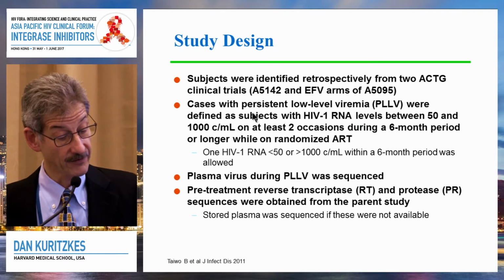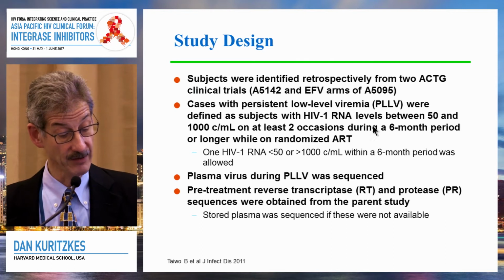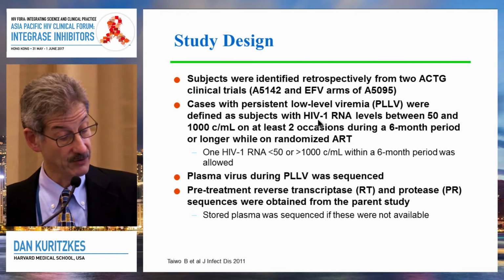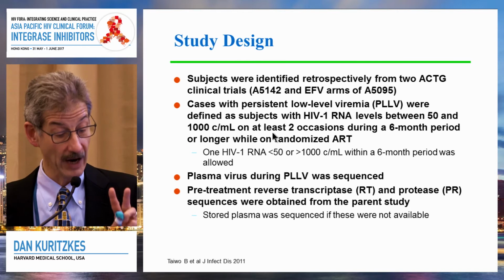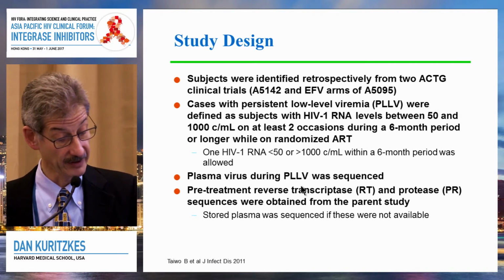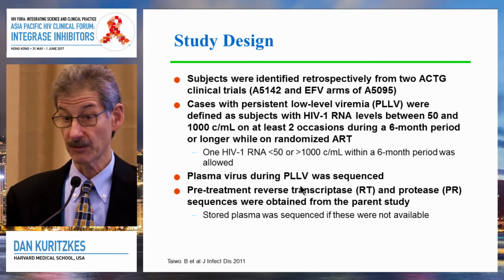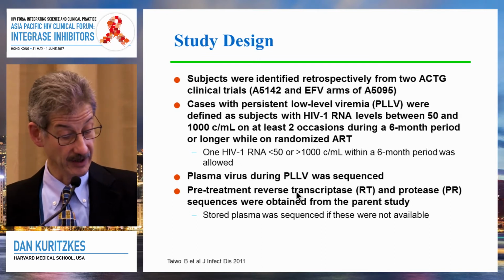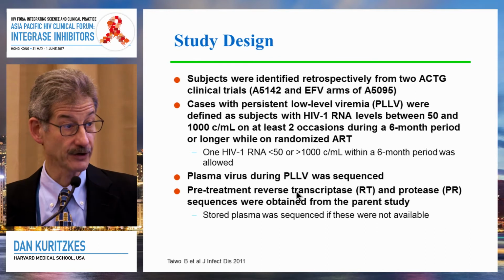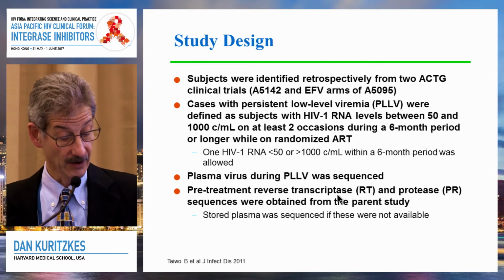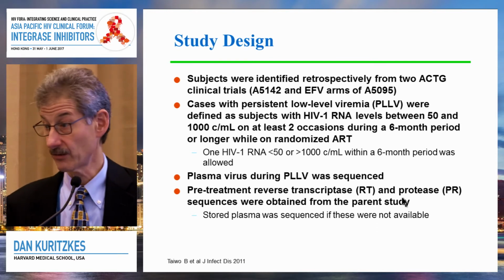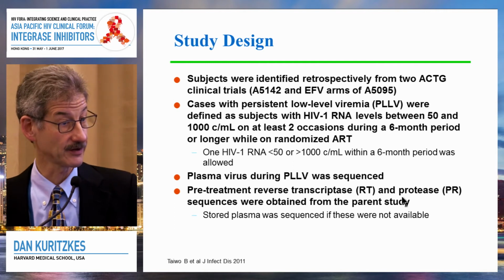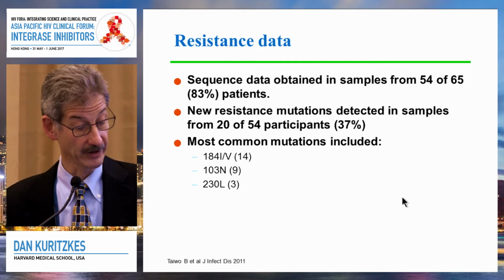And we identified those who had low-level viremia as having virus loads between 50 and 1,000 copies at least twice during a 6-month period. And then we obtained their samples that had been stored in our repository and subjected them to HIV genotyping to determine the sequence for RT and protease to determine if there were drug resistance mutations present at the start and then whether mutations accumulated.